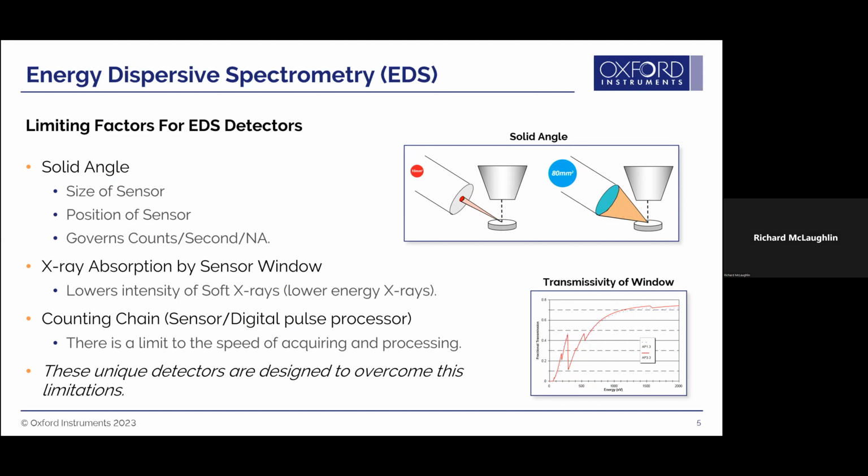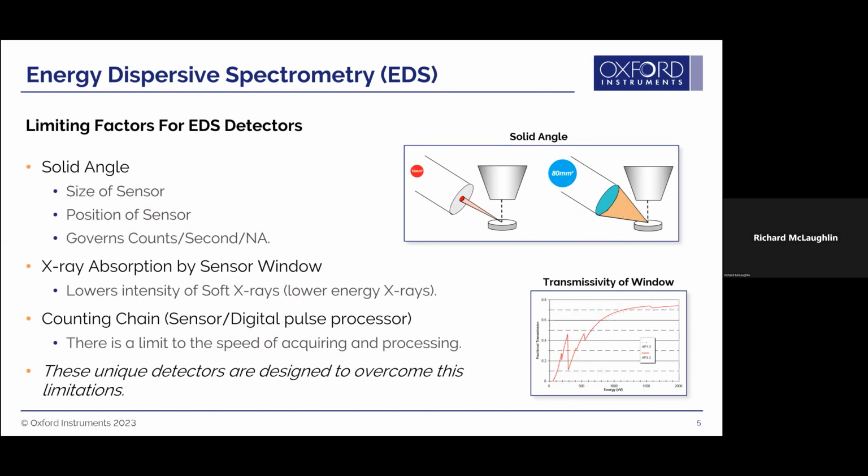The bigger the sensor, the more X-rays you collect. Then there's the position of the sensor. If you move that sensor close to the sample, the solid angle increases and you can collect more X-rays. That essentially governs the number of counts you can collect per second per nanoamp. So solid angle is very important.